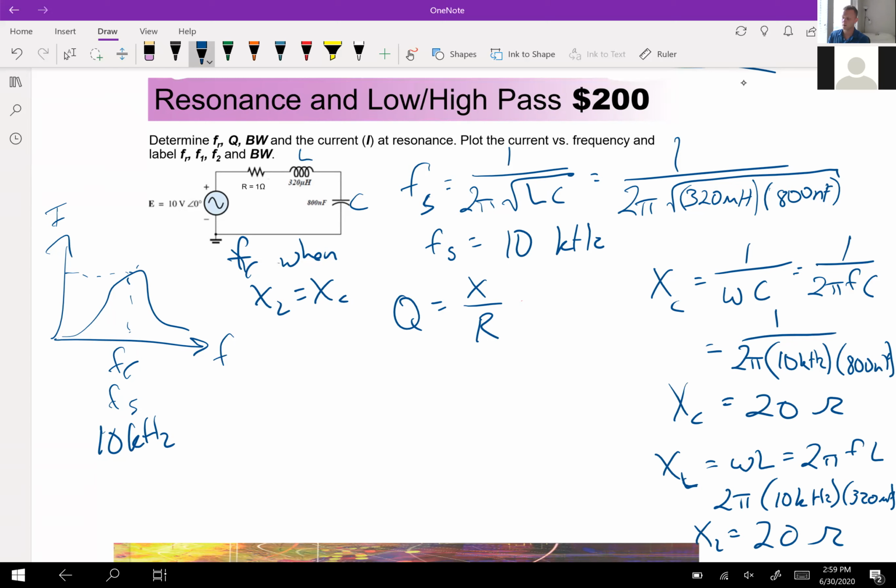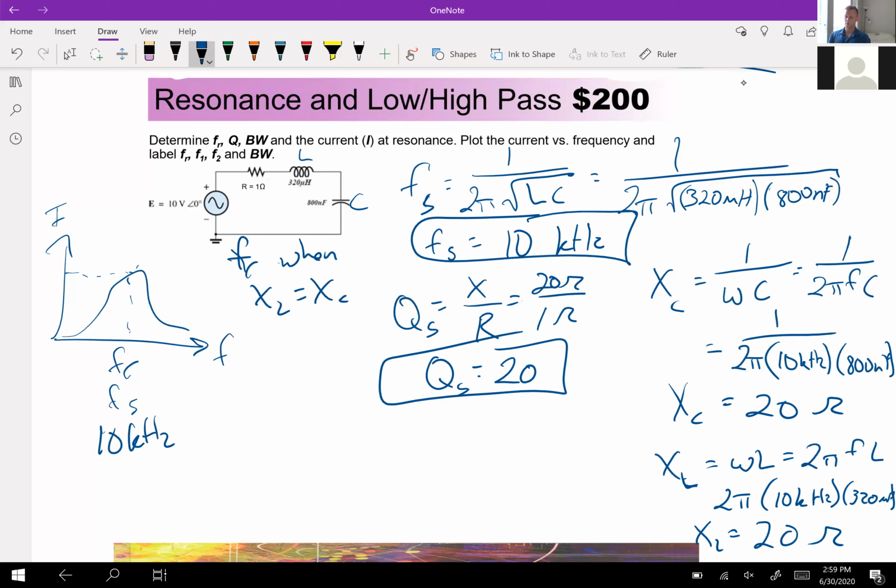So either way, I just pick one of those two and plug it in. The X, 20 ohms, the R, 1 ohm. So this is Q. On the equation sheet it says QS because it's the quality of that resonance, and it comes out to 20. So F was 10 kilohertz, Q is 20.